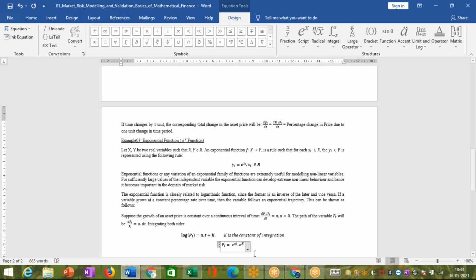Now this e to the power of k is called your constant of integration.